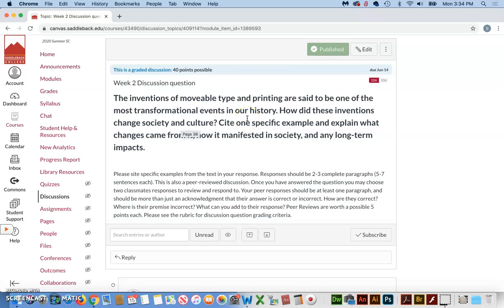And then boom, they just went in and talked about that, but didn't read the questions. The main question that came after is, how did these inventions change society and culture? So we're talking about societal and cultural changes, and then cite one specific example and explain what changes come from it, how it manifested in society, and any long-term impact. A lot of people really didn't complete this whole thing.